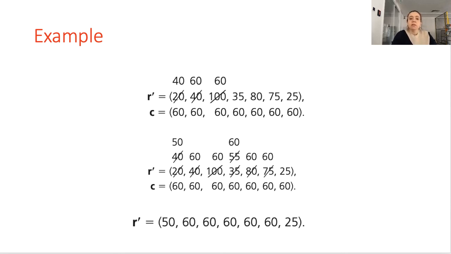Okay. Firstly, I check when the requirement first exceeds the capacity. Here in the first period, the requirement is less than the capacity. In the second, it is again less. But in the third period, the requirement is more than the capacity.